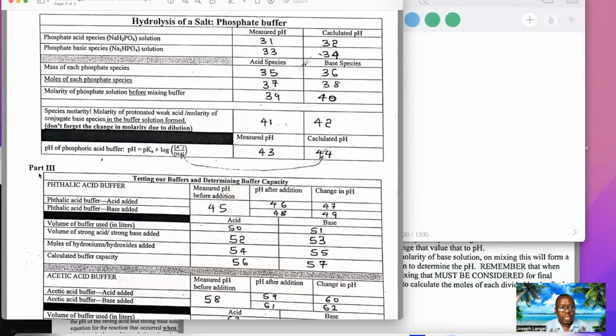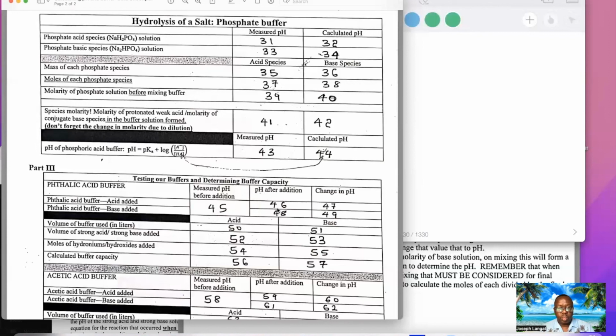Part 3, which is testing of the buffer capacity, I don't think you will face any challenge, all right? This number 45 is just the value from the pH meter.